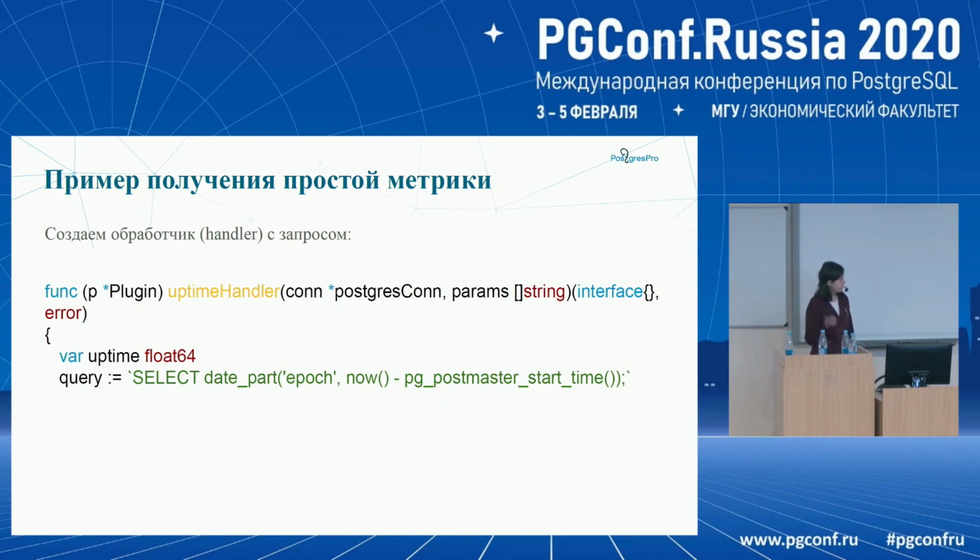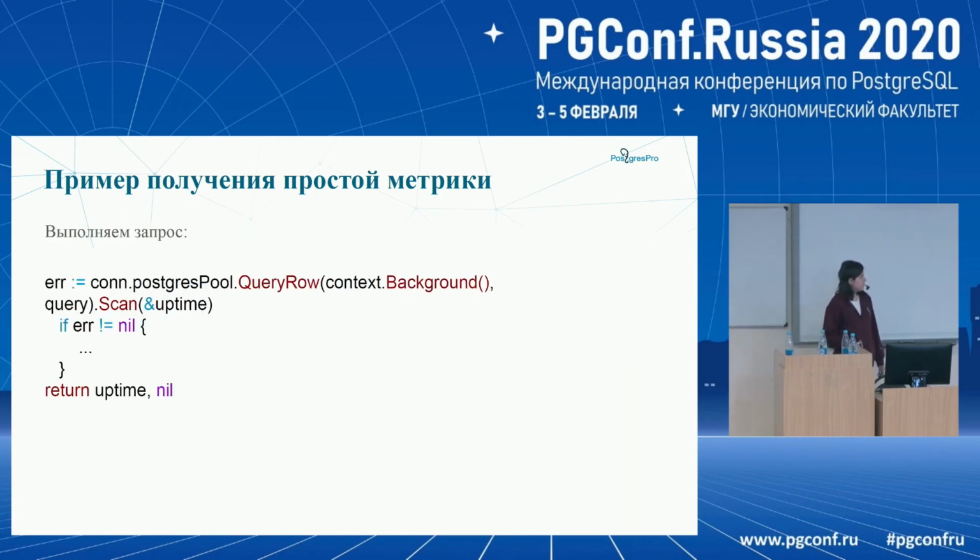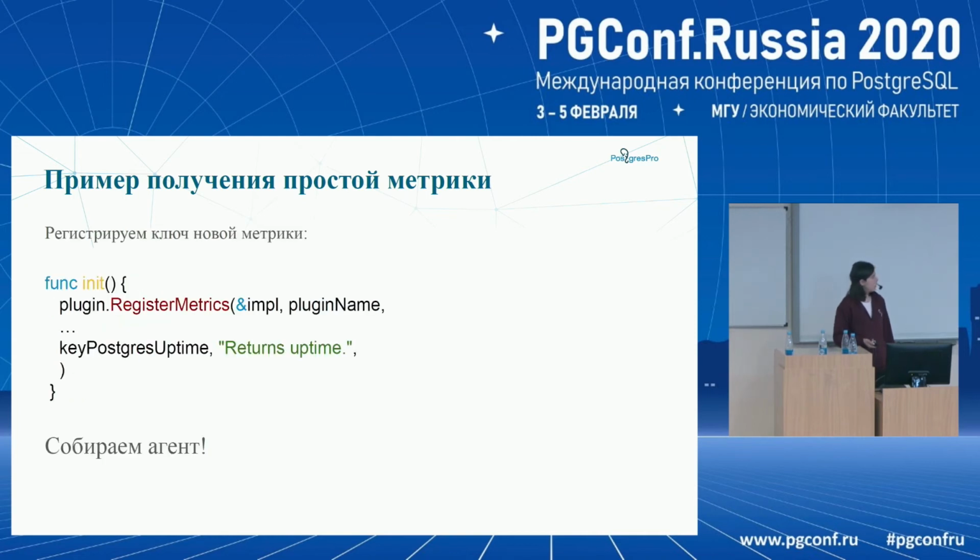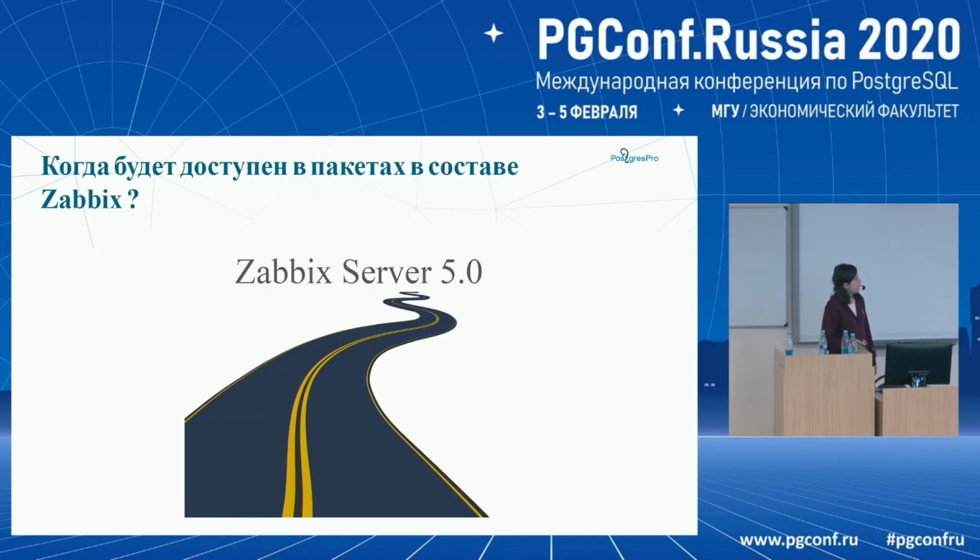The first one will connect, and then you can add some parameters. These parameters can be used to create the query itself. Then we specify a variable for the result and the query itself. We run the query and check that everything is all right. If everything is all right, then we get the result. Then we only need to register the metrics and recompile the agent. That's it. Now the metric is part of the agent.